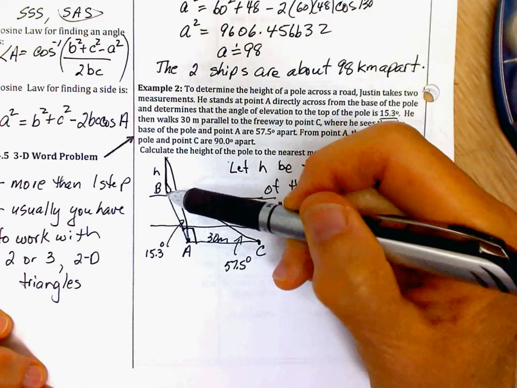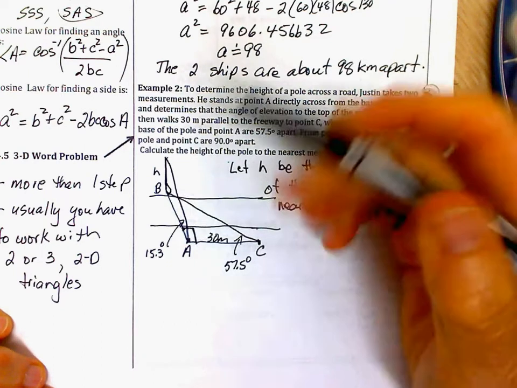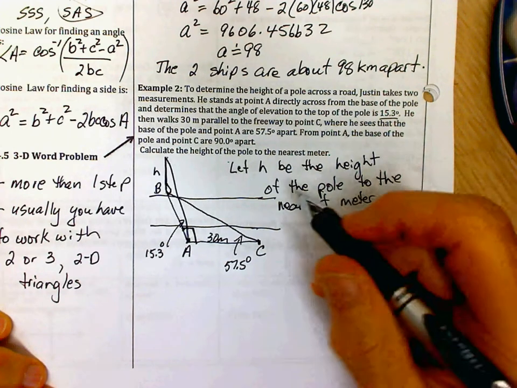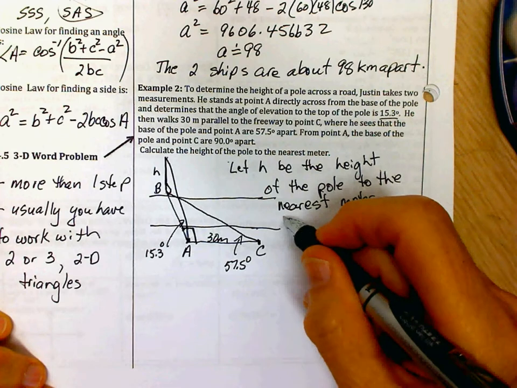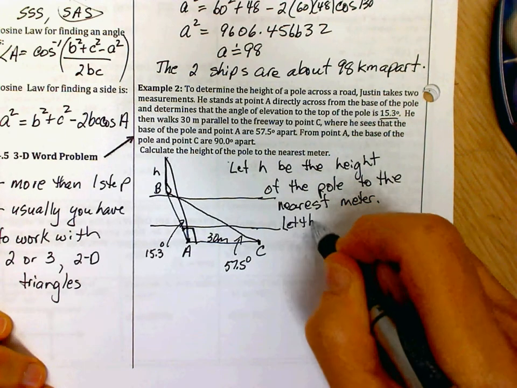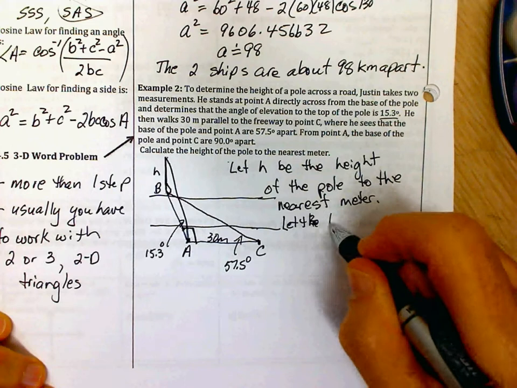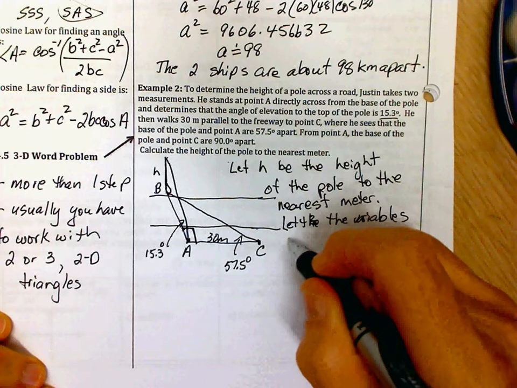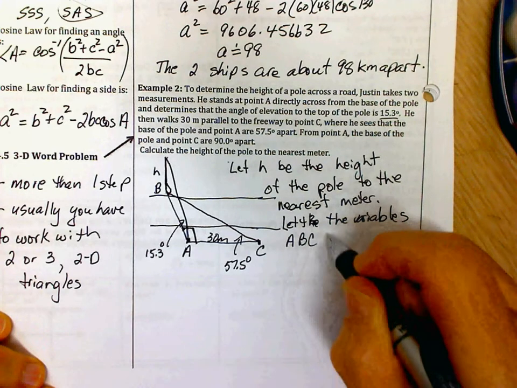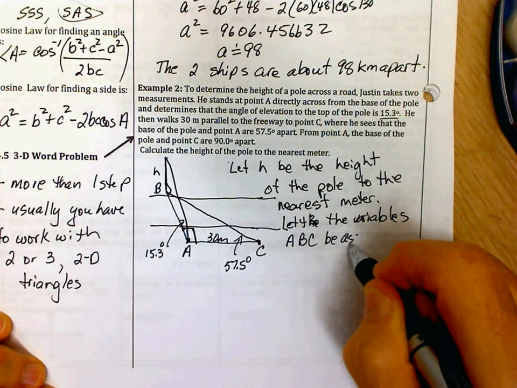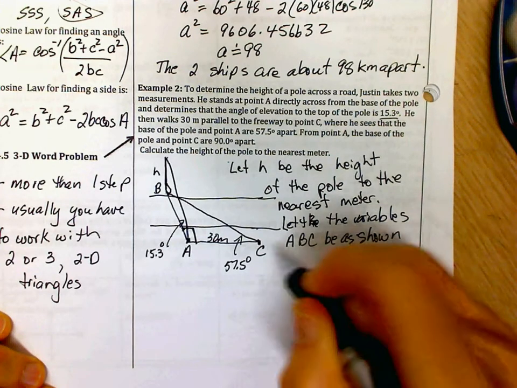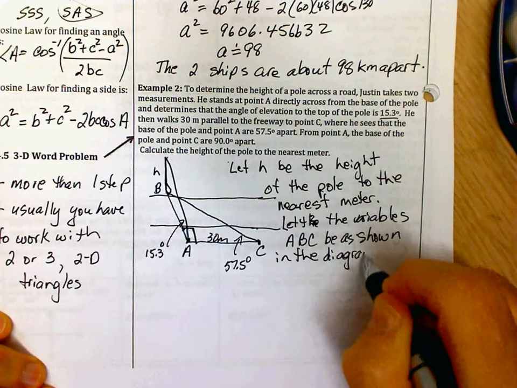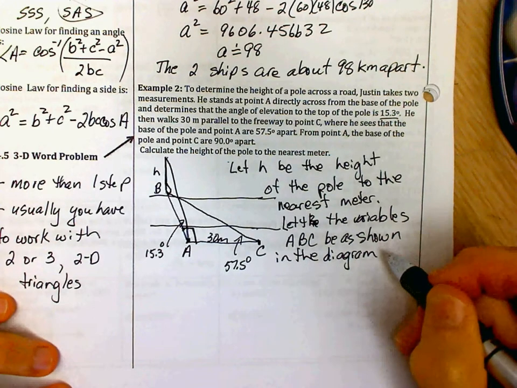So this side is opposite angle C. Let the variables A, B, C be as shown in the diagram. So always remember that problem solving requires let statements, okay, and conclusions.